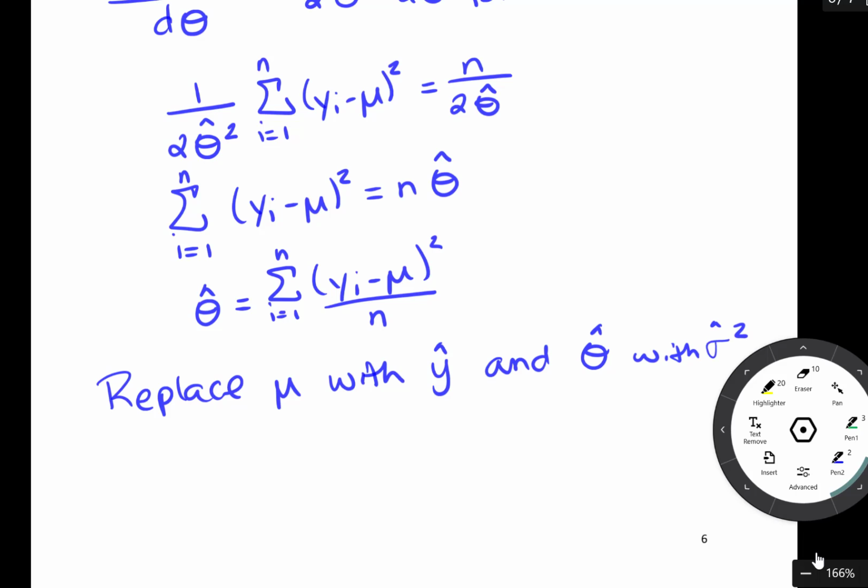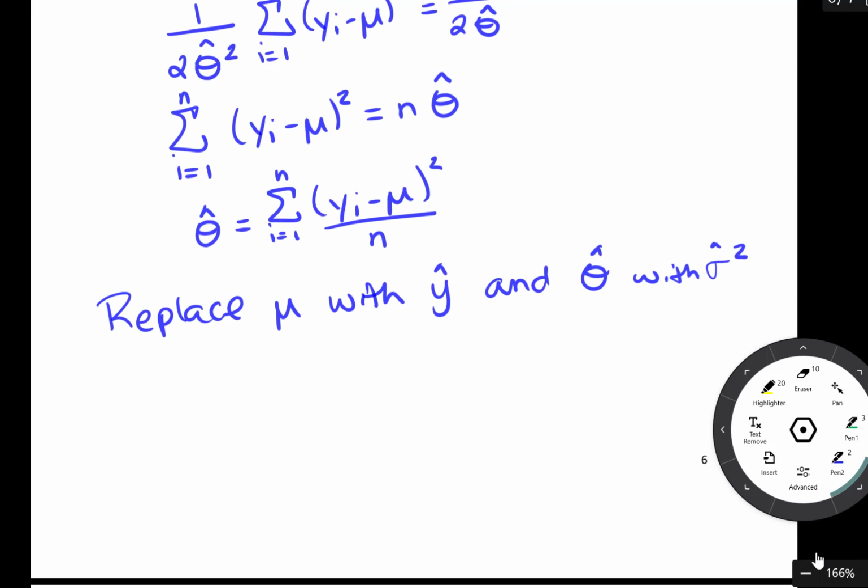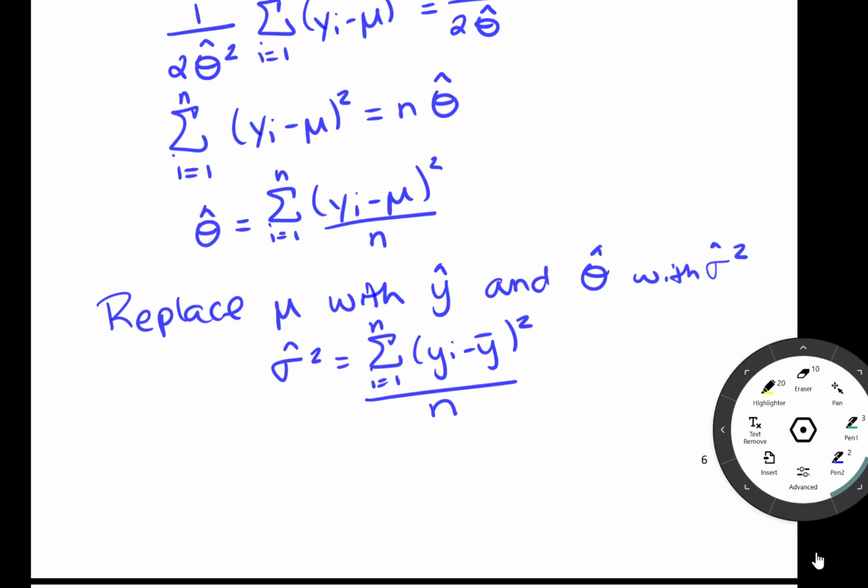Again, that's just a notational thing. So notice we get that sigma squared hat is equal to the sum i equals 1 to n of (y_i minus y bar) squared divided by n. But notice that is not the estimator that we use.